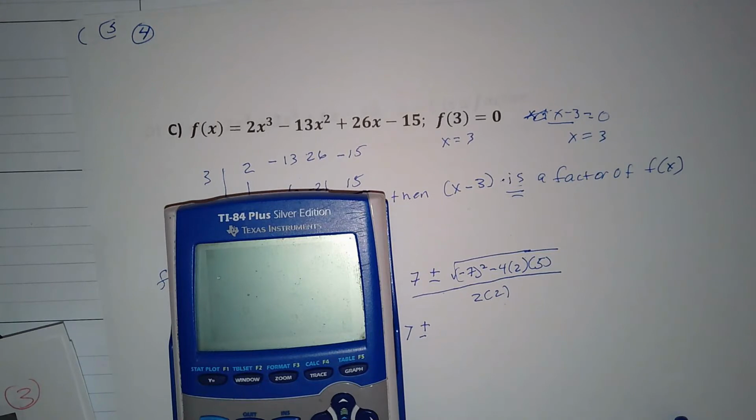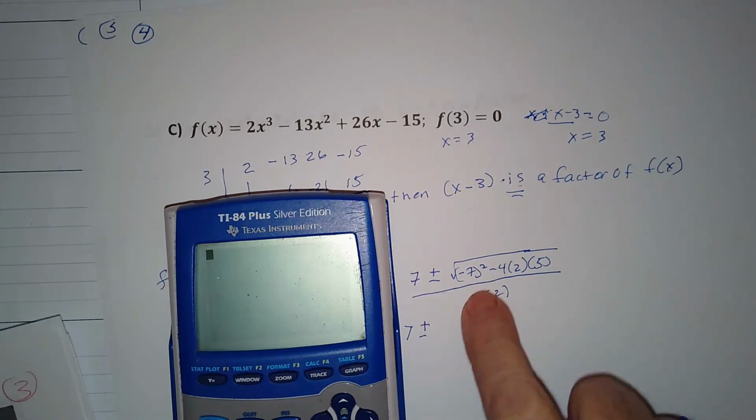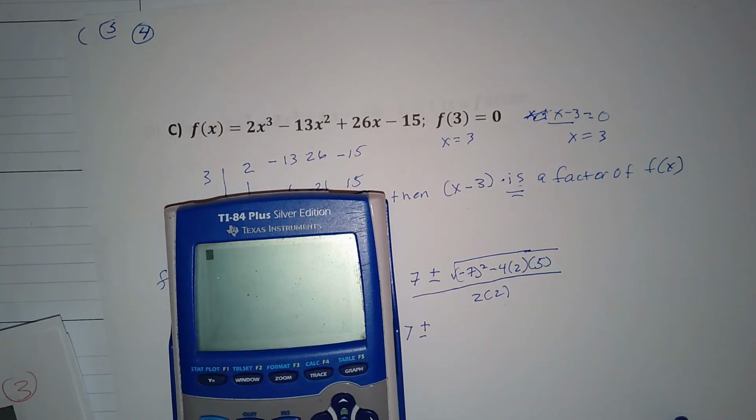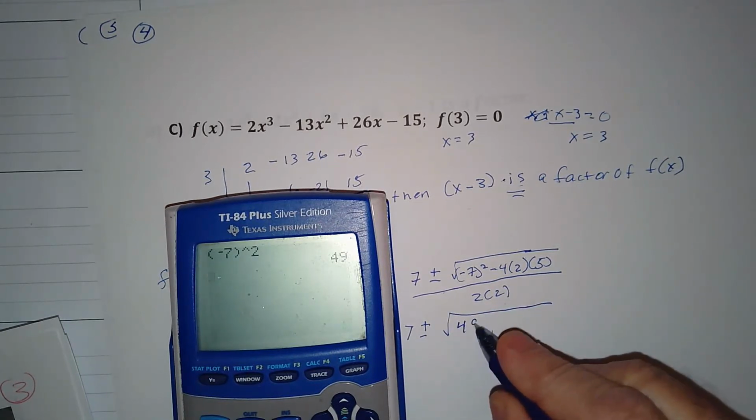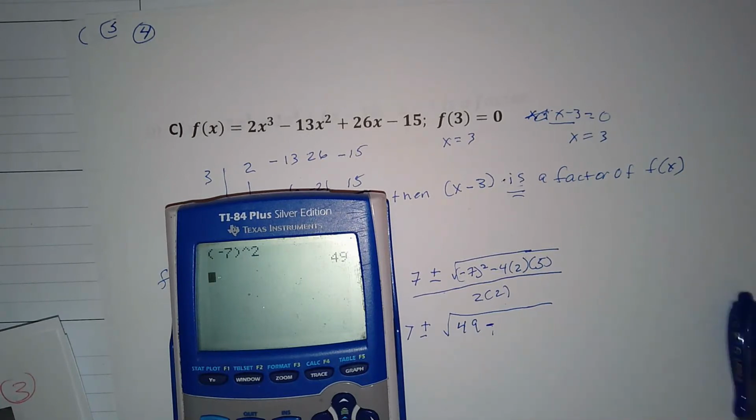Let's do it the easy way. So let's do negative 7 squared. And that's 49. So we're going to just do it this way. 49 minus, that's what it was.